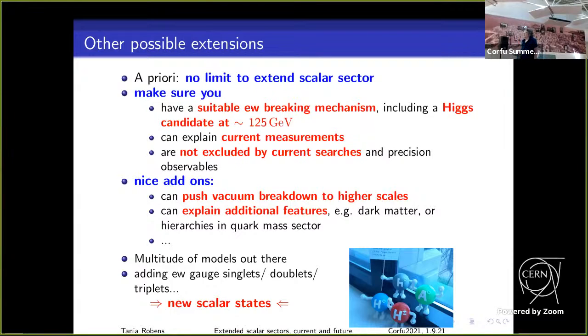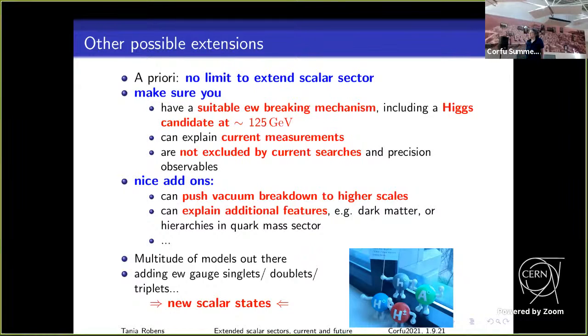And also your additional scalars should not be excluded by current searches and precision observables. Nice add-ons could be, for example, that you can push the vacuum breakdown, which you have at a relatively low scale in the standard model, to higher scales. This has been at least a prominent feature of various models, or explain additional features like dark matter or hierarchies in the quark mass sector.